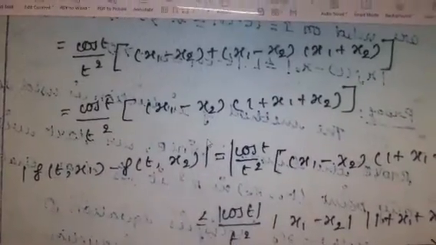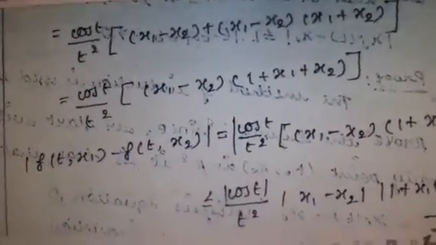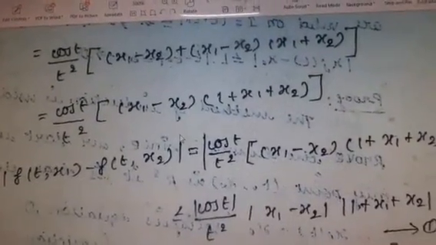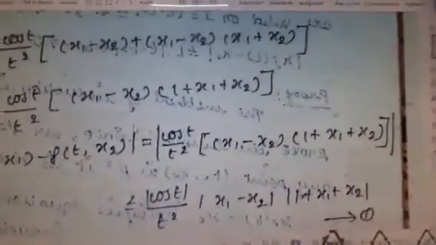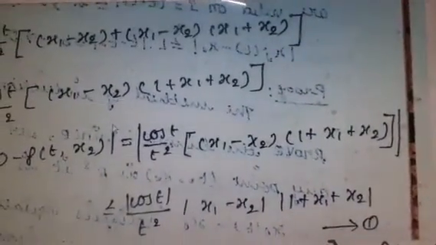Next we can find the modulus. So |f(t, x1) - f(t, x2)| is equal to the modulus of cos t by t squared times (x1 - x2) times (1 + x1 + x2).